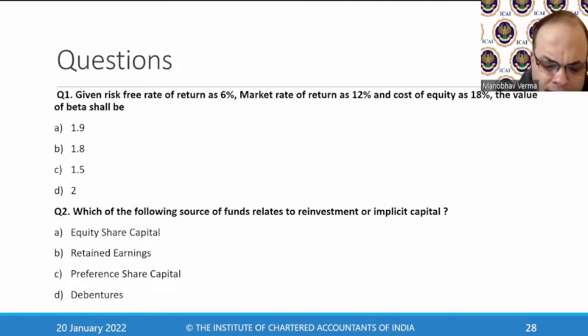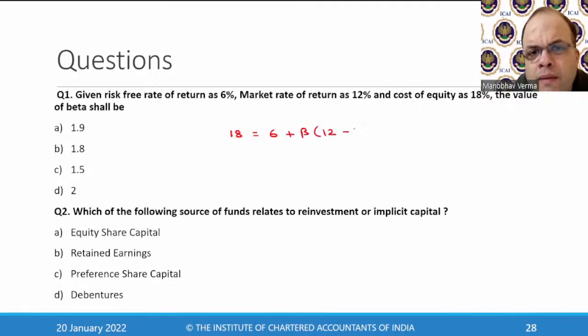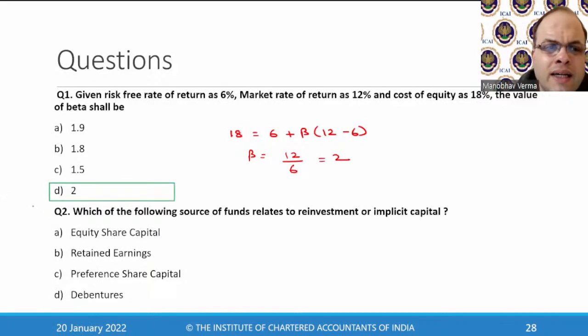So what will be the beta then? 18% is equal to 6 plus beta into (12 minus 6). So that means beta is 12 divided by 6, that's 2. And that is absolutely the correct answer. A good round of applause for those of you who said D here.